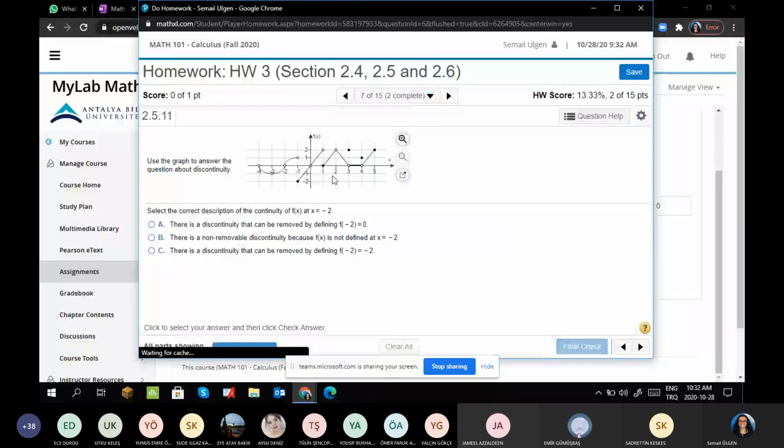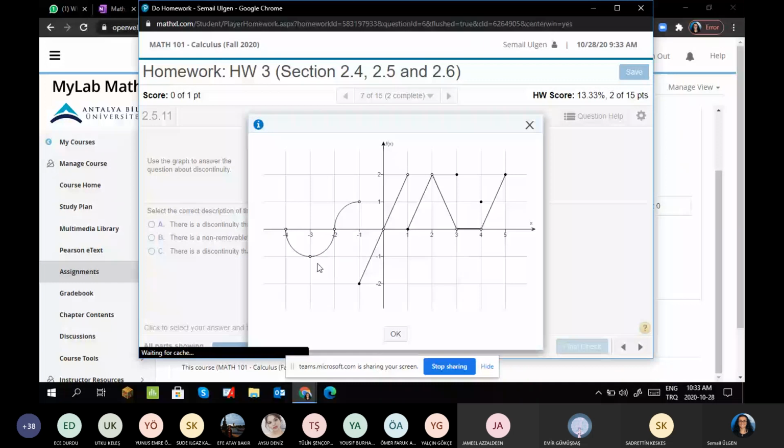This is question 7. Use the graph to answer the question about discontinuity. Select the correct description of the continuity of f at x equals -2. Okay, let's see. At -2, what happens? Do you see that we have a discontinuity at -2? Discontinuity means it's not continuous at -2.